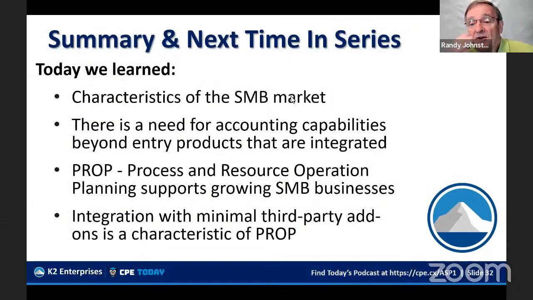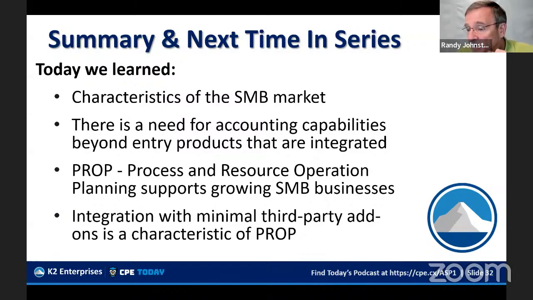Realistically, what we were trying to get across today was to give you some characteristics of the SMB market and why prop made sense. It is clear that there's a need for accounting capabilities beyond the entry-level products that are integrated. And this idea of having process and resource and operations for planning purposes all in small and medium businesses makes great sense to me.